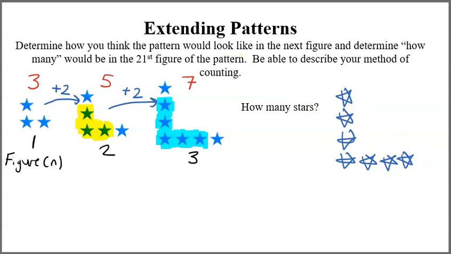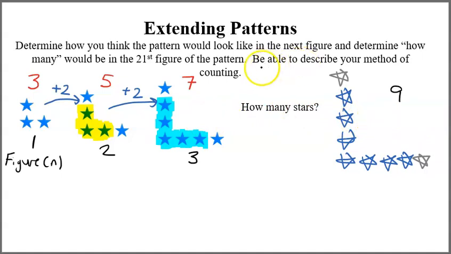That's going to be in purple here. I would add here, I would add here, and I should get 7 plus 2, I should get 9. So let's count. 1, 2, 3, 4, 5, 6, 7, 8, 9. I get 9 stars.